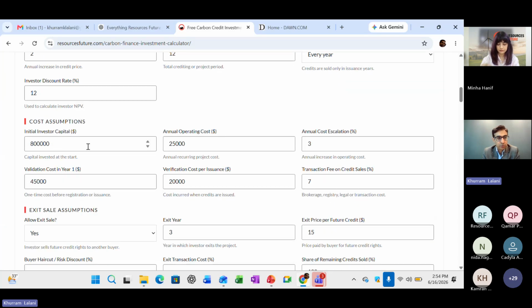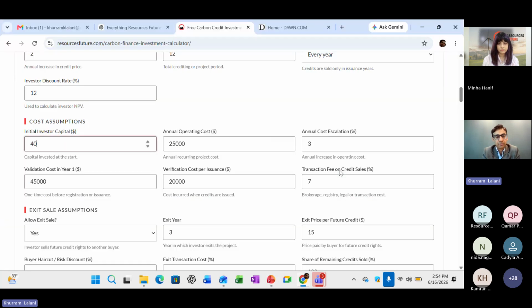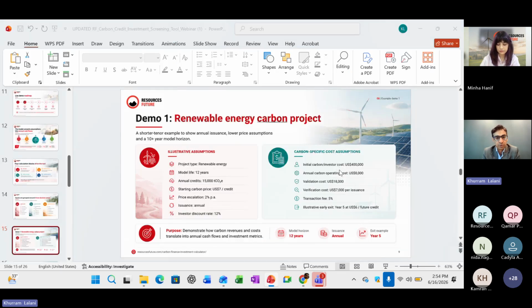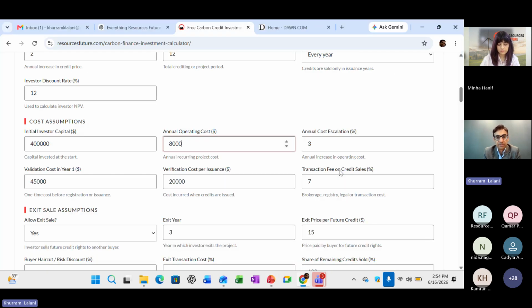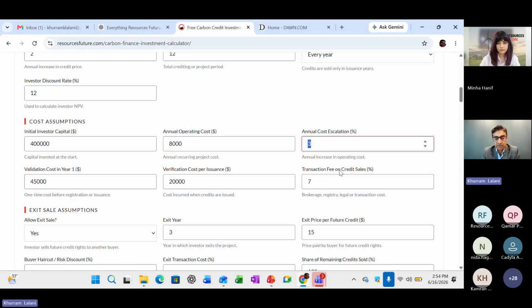When it comes to cost assumptions, we could input the investor cost assumptions, 400,000. Again, these are dummy numbers, so don't think these are the actual numbers. The numbers differ from project to project. I'm just going to take a 3% annual cost escalation over here.